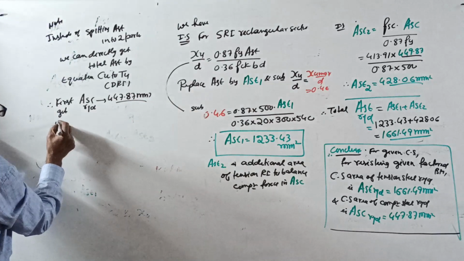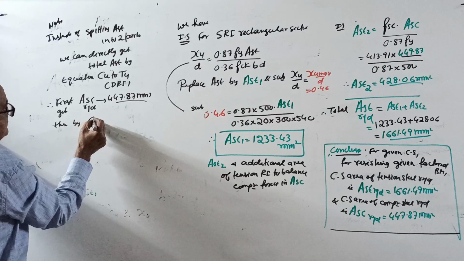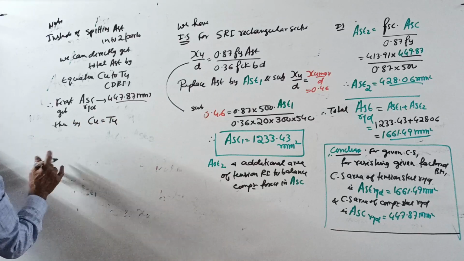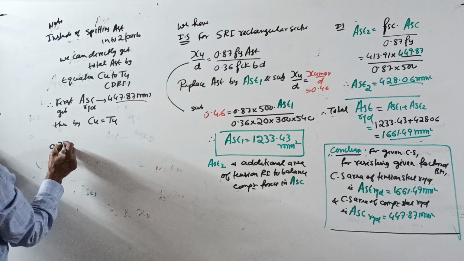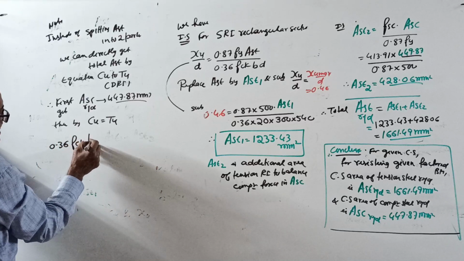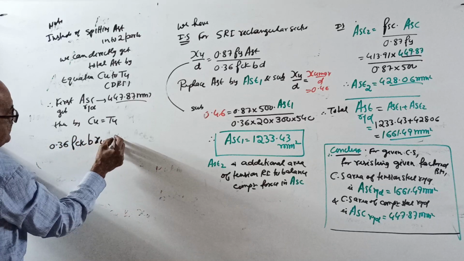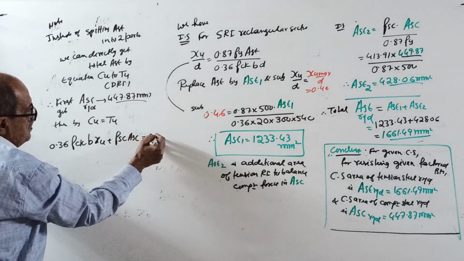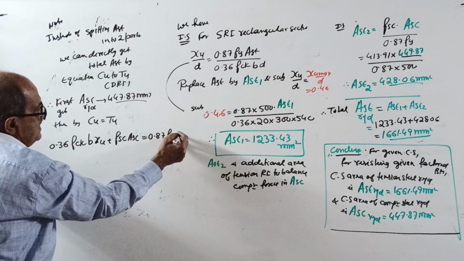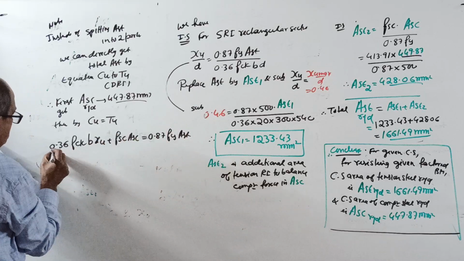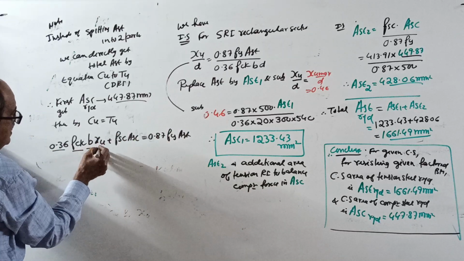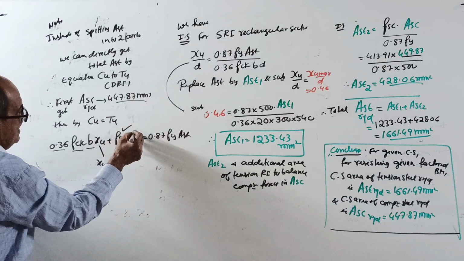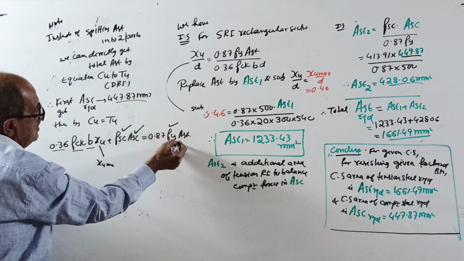Then by Cu equal to Tu, I already told you the analysis: 0.36 FCK into B into XU plus FSC into ASC equal to 0.87 Fy into AST. XU equals XU max, FSC known, ASC known, Fy known.